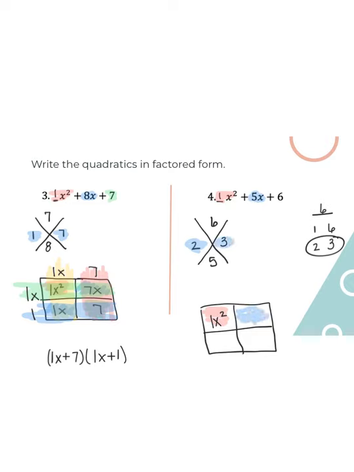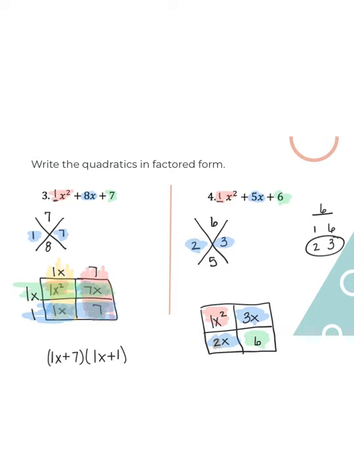And those are going right here and right here. 2x and 3x. And then finally I'm going to put my C value in, which is my 6, and that's going right here.